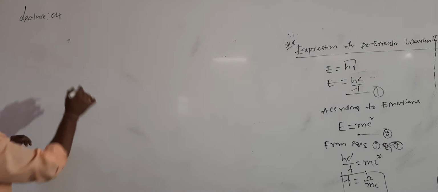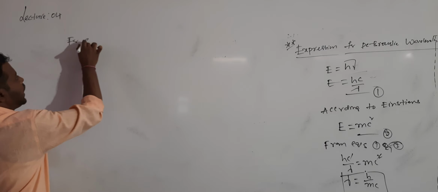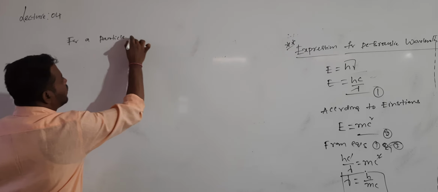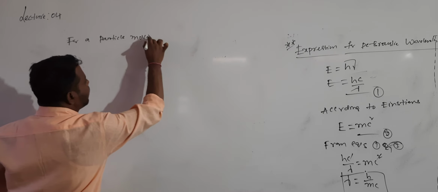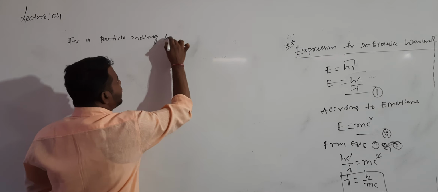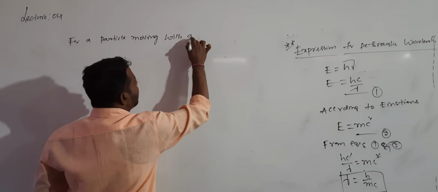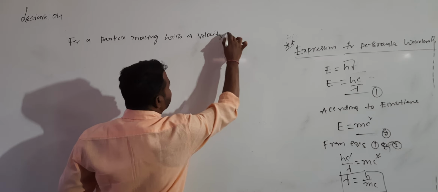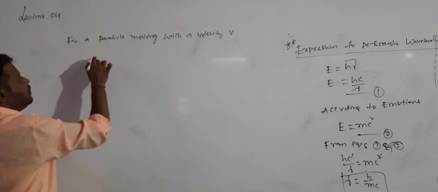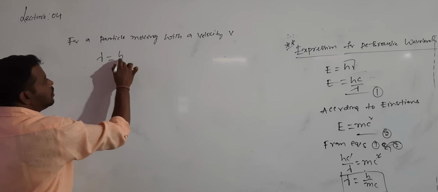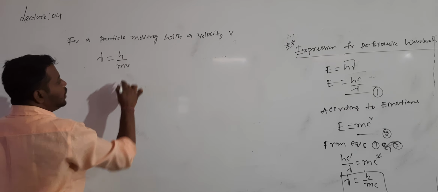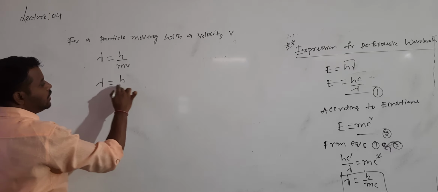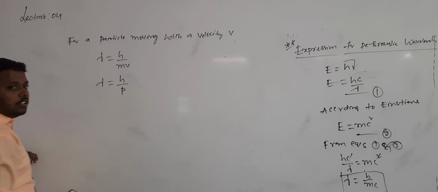For a particle moving with a velocity v, the de Broglie wavelength is given by lambda = h divided by m into v, which is equal to h by p.